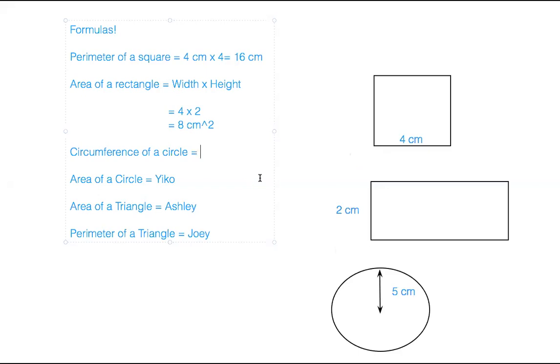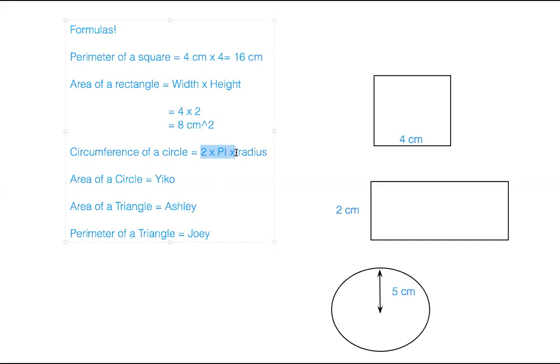2 times, times 5. The formula for circumference, guys, you must remember is 2 times pi times radius. This is a must remember.